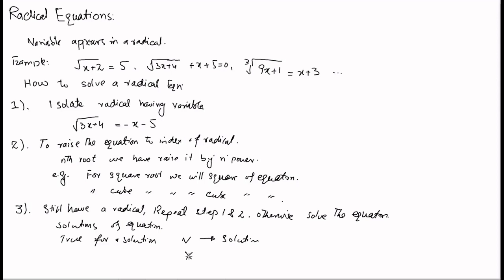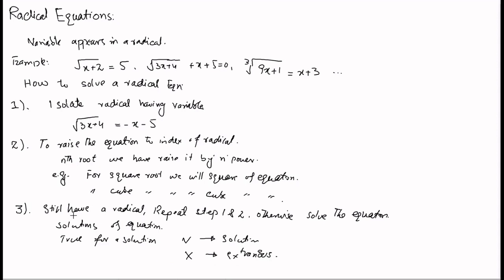If it is false, then that solution is called an extraneous solution. It means that it is not a solution of that radical equation. That may be a solution of the derived equation, but it is not a solution of that radical equation.